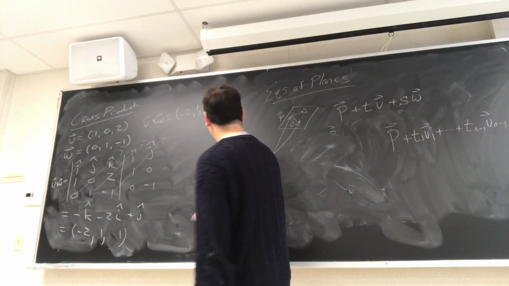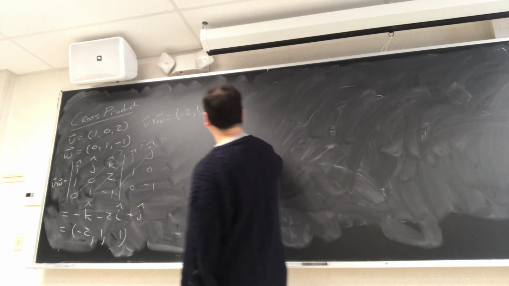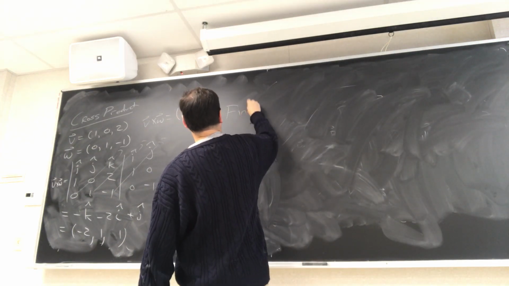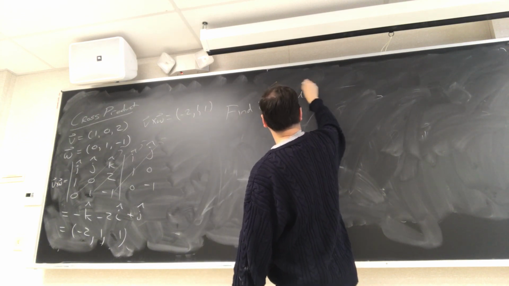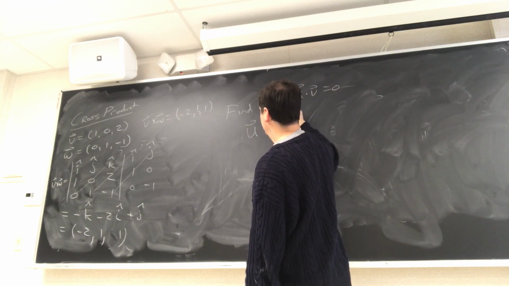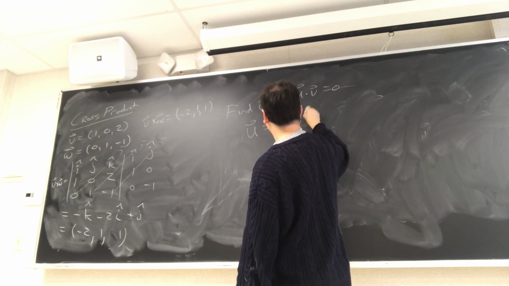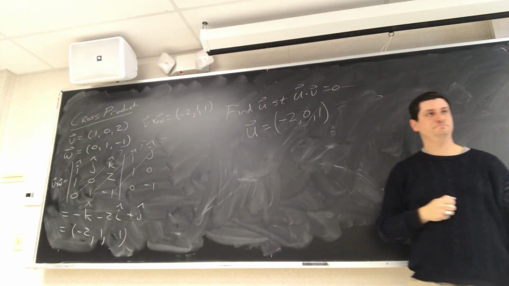Now, if I asked you to just find a vector that's perpendicular to 1, 0, 2, you can often do this by inspection. Find u such that u dot v is 0. And I claim if I take u to be -2, 0, 1, that works.